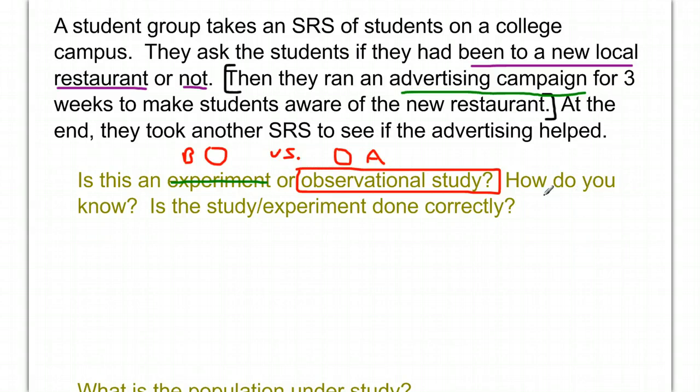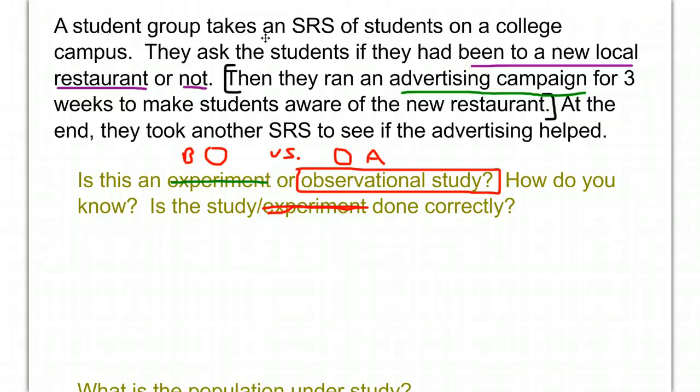The reasons we know that, again, there's no control group, no randomization, and lurking variables can get mixed in. Is this study done correctly? So we know it's not an experiment, but whenever it's an observational study, you have to make sure that the people are being randomly picked from the entire population.